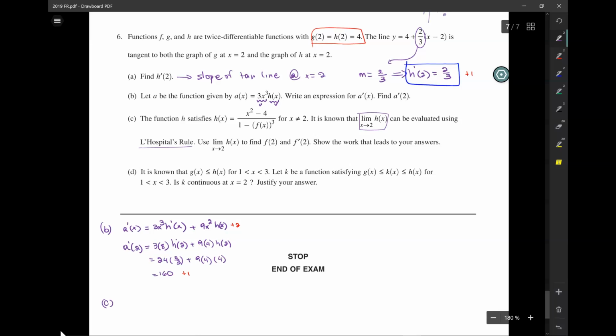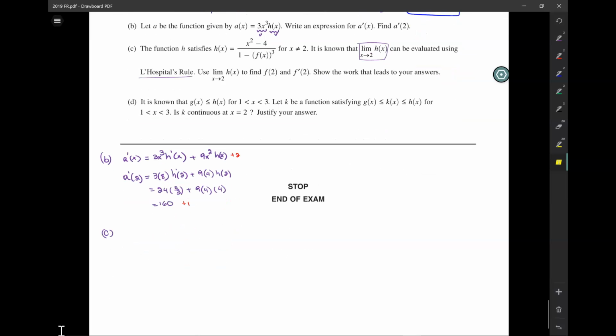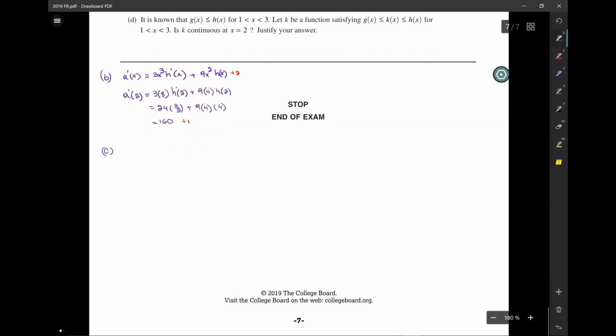Okay, now, here we go, the twice differentiable part. F, G, and H are twice differentiable functions. If something is differentiable, which means it's continuous.